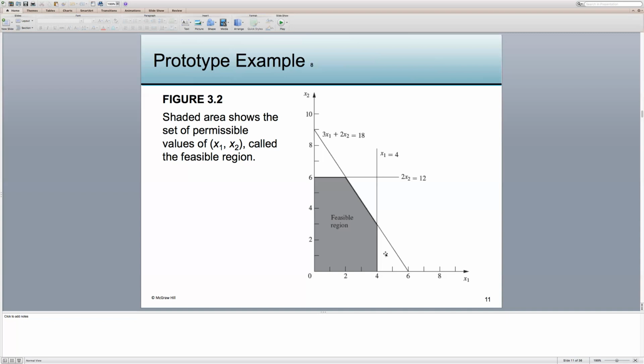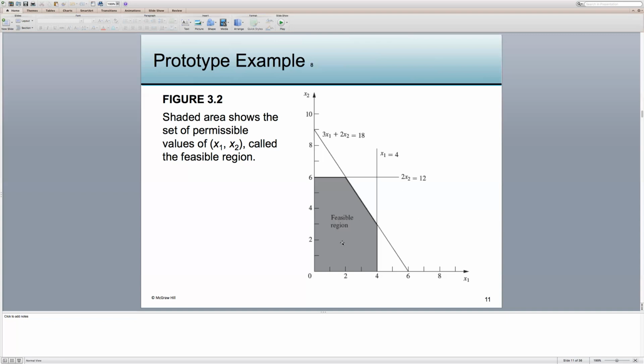This is a line with slope equal to -3/2 and y-intercept 9. So the points in the plane that satisfy our 5 constraints is this gray region. It's a trapezoid. And feasible means that any point in this region satisfies all 5 of our inequalities, and no point outside this region satisfies our 5 inequalities.